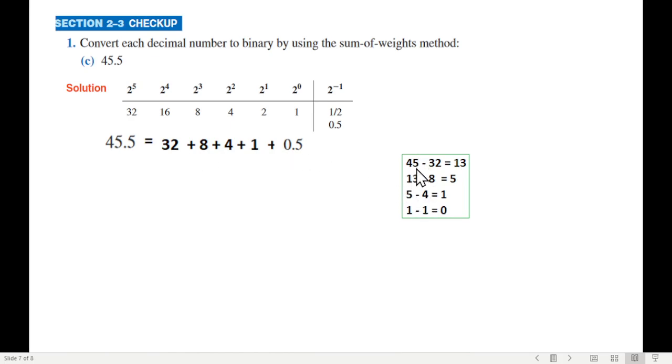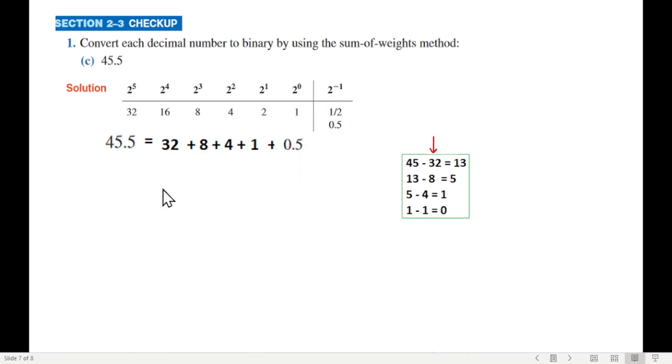Same technique, 45 minus 32, 13, 13 minus 8, 5, 5 minus 4 is 1, 1 minus 1 is 0. So these are the values that we have to write. So 32, 8, 4, 1, and for the decimal 0.5, we just write 0.5.